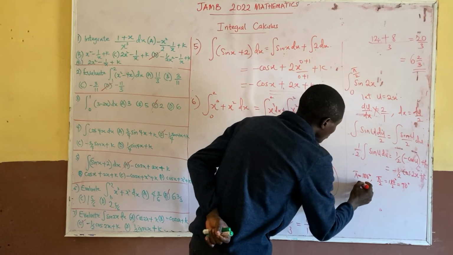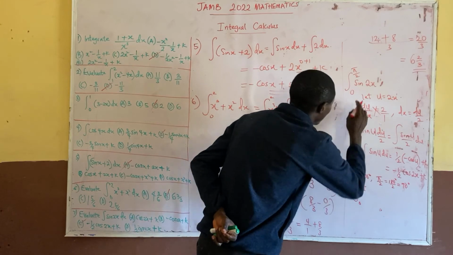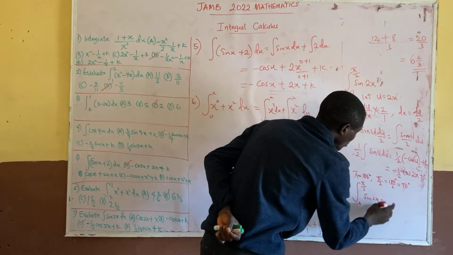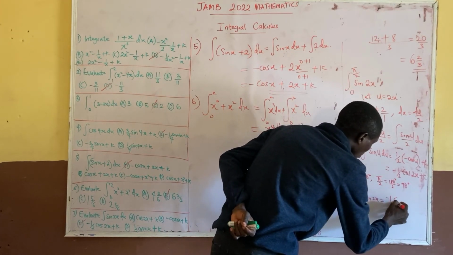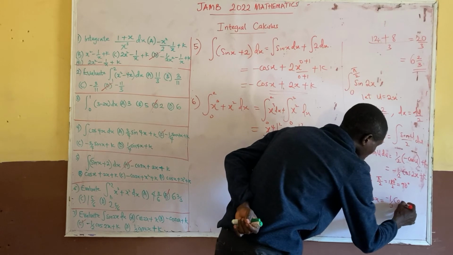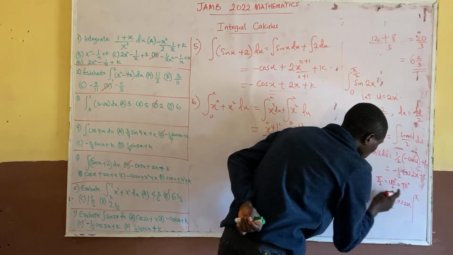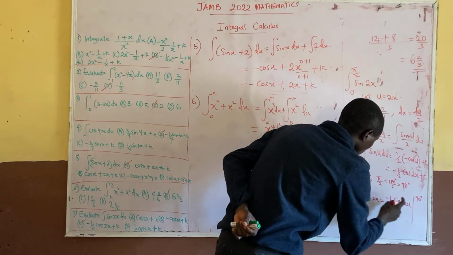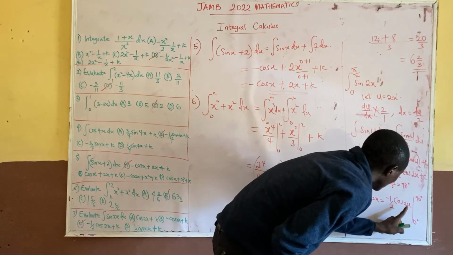So if they say the integral from 0 to pi over 2 of sine 2x, it is the same thing as minus 1 over 2 cos 2x, which you get after integrating. Then you put the boundary pi over 2, which is the same as 90 degrees, and 0 degrees.